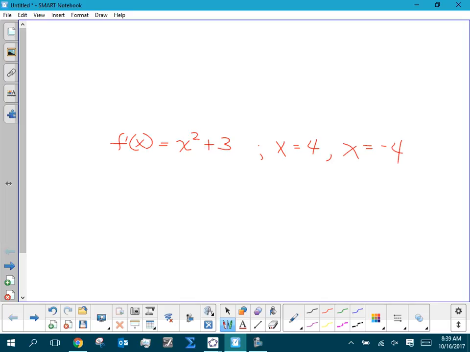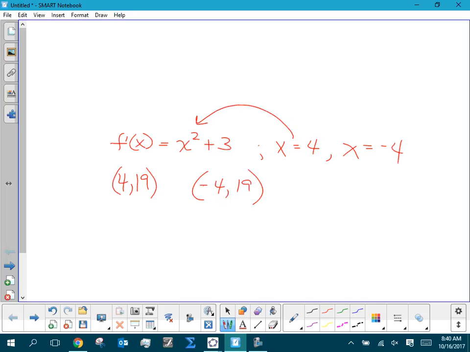What they want you to do is take in a value of 4 and plug that in. For 4, I get 19 back, right? Then we take -4, plug that in, and I get 19 back, right?